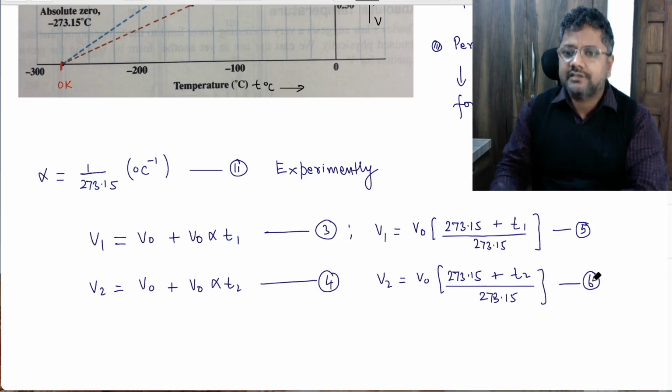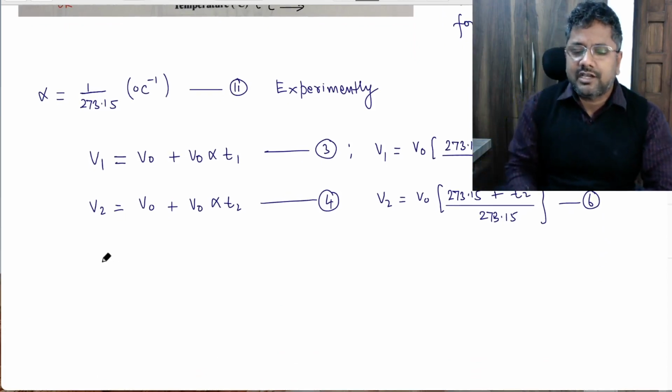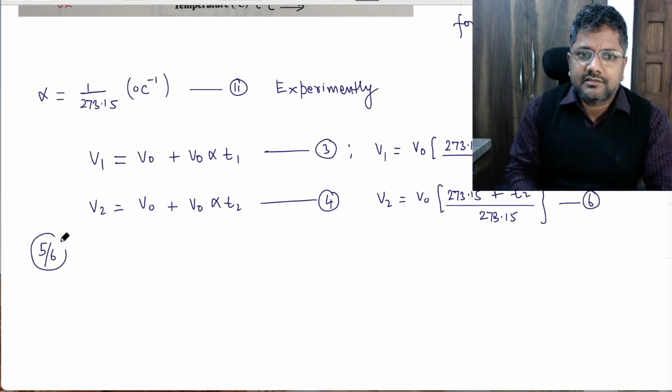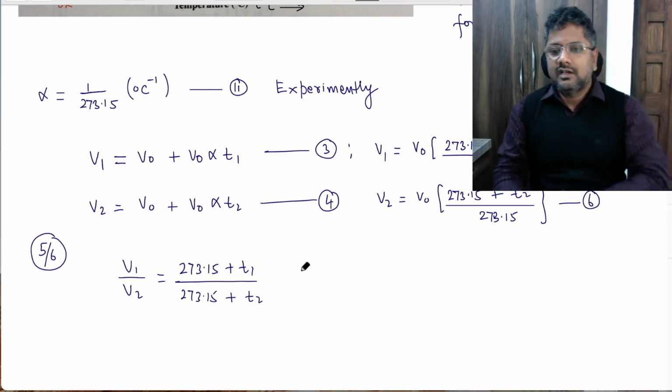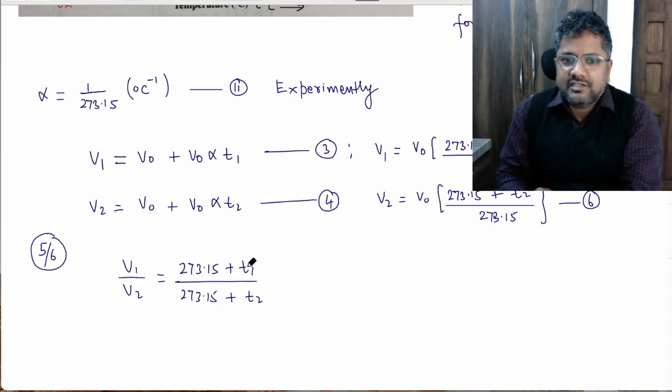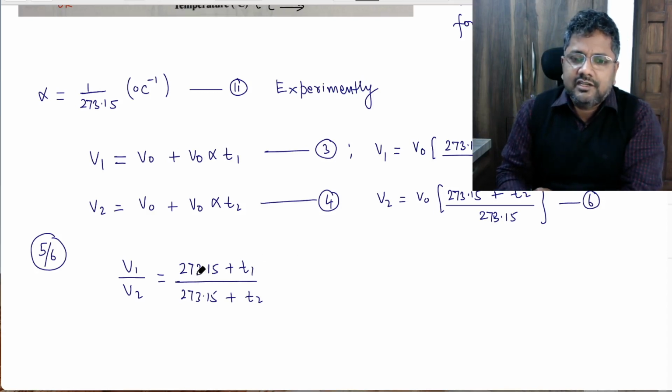This is equation 6. So you can divide equation 5 by equation 6. So V1 by V2 is equal to (273.15 plus T1) divided by (273.15 plus T2). And all of you know that this temperature is on the degree Celsius scale. So if you add this degree Celsius value to 273.15, this becomes T1 Kelvin and this is T2 Kelvin.